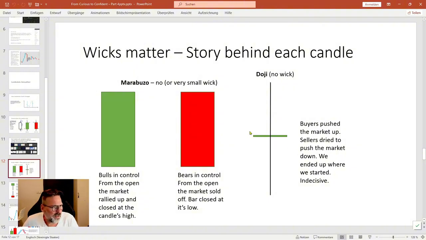If you have that body in the middle, what does that mean? Again, think in terms of what buyers and sellers were doing. It's a market. If you want to open a position, if you want to buy, there needs to be somebody who is willing to sell to you, and vice versa. And both think it's a very good idea.